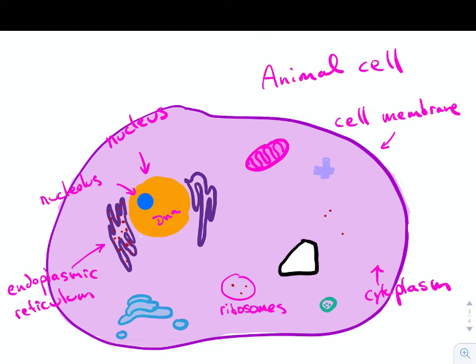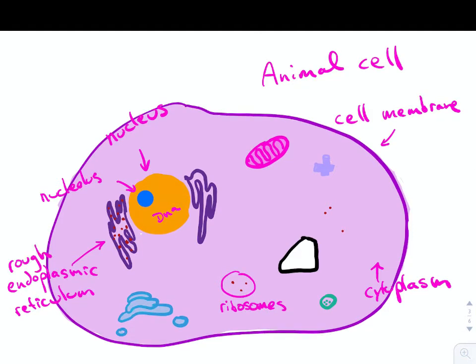This endoplasmic reticulum has ribosomes on it, so we call it a rough endoplasmic reticulum, or rough ER, contrasted by something like this, which is a smooth ER.